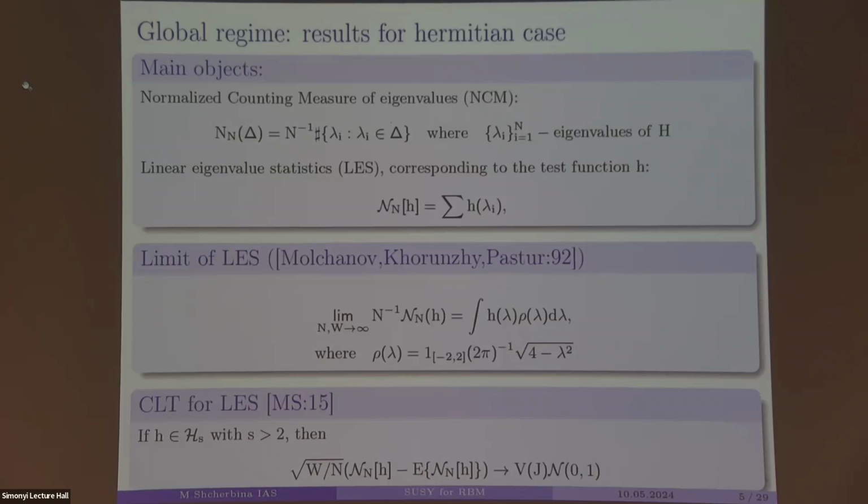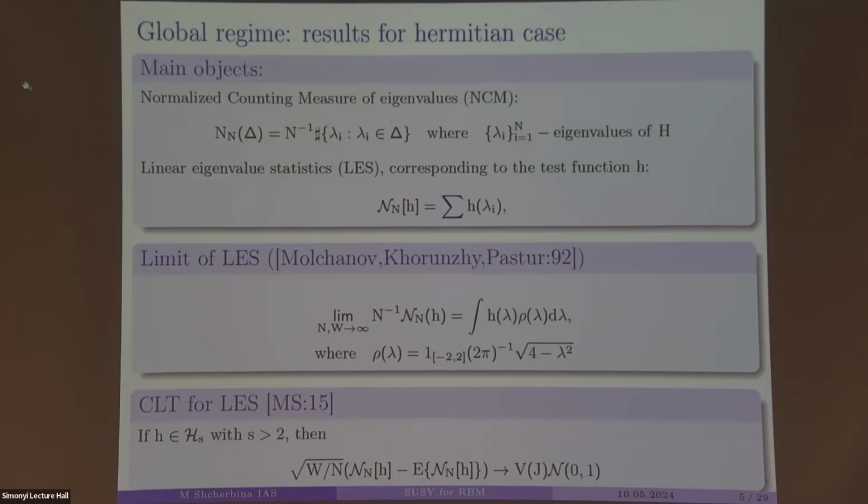Of course, you obtain some measure on the line, and this measure is pointwise and random, and also probability because of the normalization. So your problem is to study the limit of this measure, what is the limit, and what are the fluctuations, and so on.